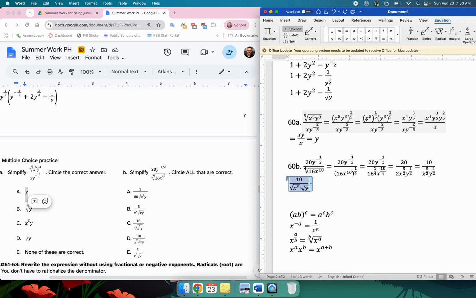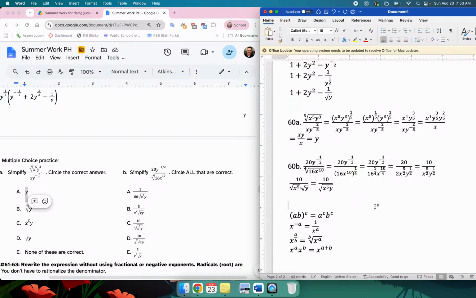So what's going on? First of all, when you have one square root times another square root, that's the same thing as taking the square root of the product of the two things on the inside. Technically, that's actually an exponent rule.